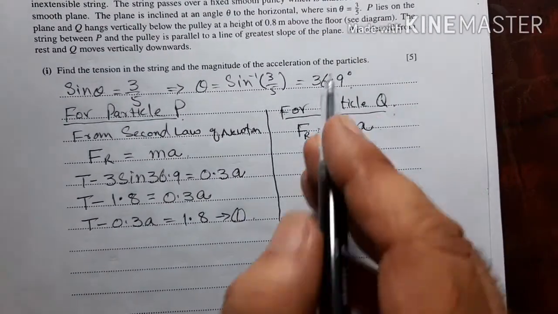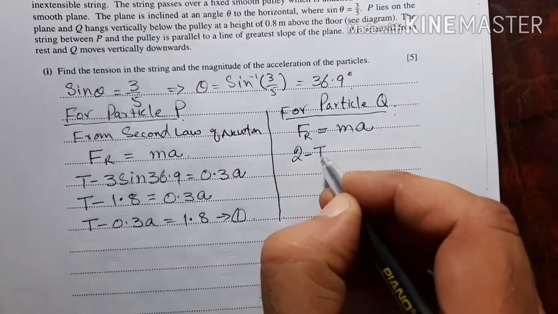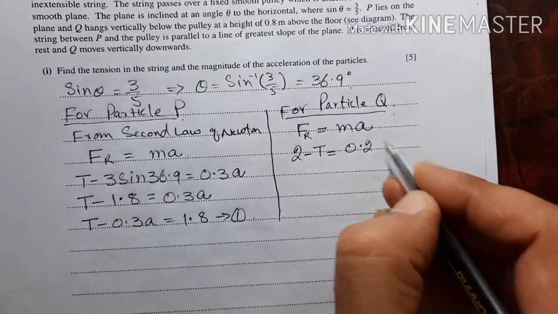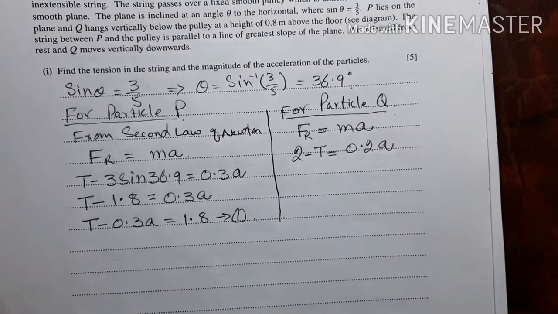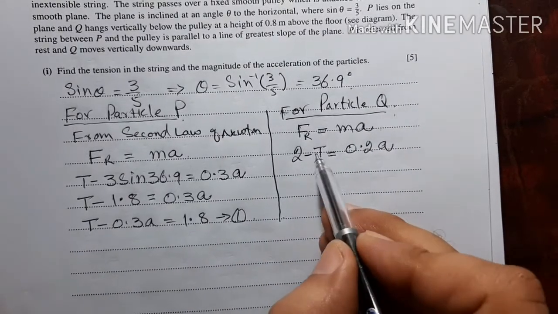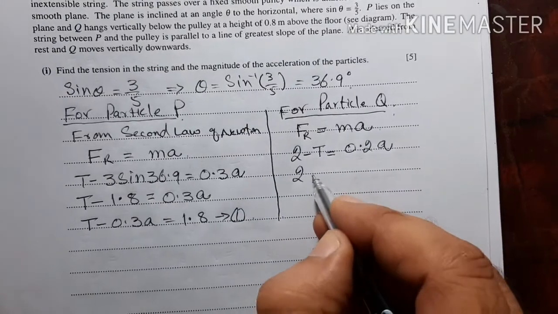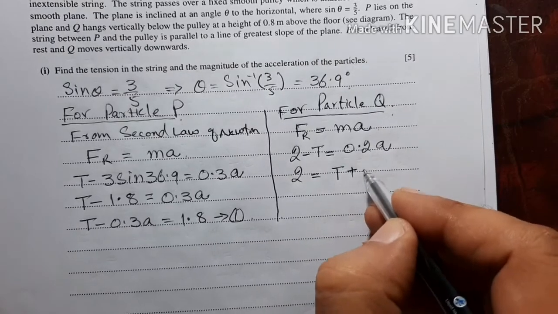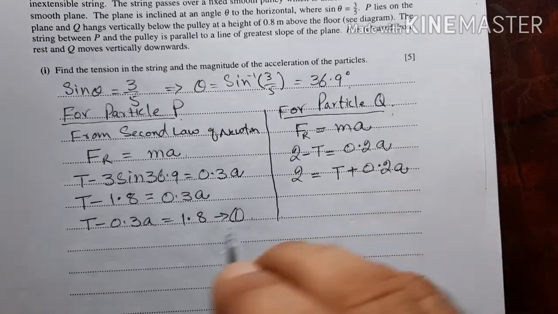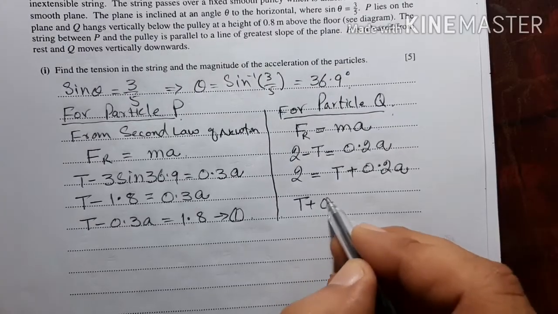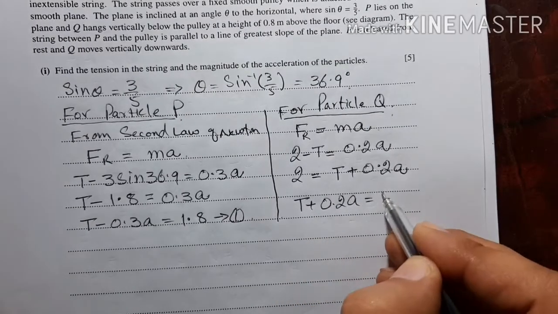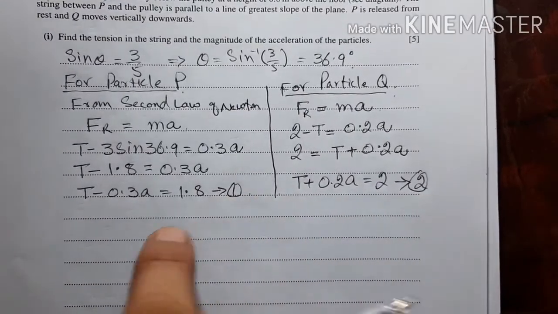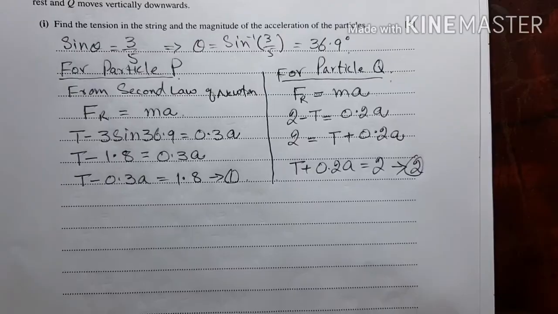So 2 minus T is equal to mass of particle Q, which is 0.2, times a. Okay, take T on the other side. So this will be T plus 0.2a is equal to 2. This is equation number 2. So I got two equations. I will solve them simultaneously.